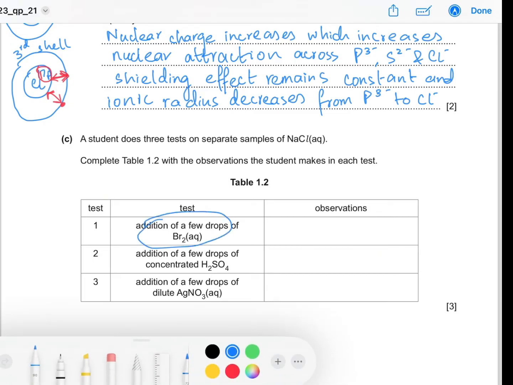You have chlorine, which is a halogen, and this would have been a displacement reaction with another halogen, except bromine is less reactive than chlorine, or bromine is a weaker oxidizing agent than chlorine, which is why it cannot displace chloride ion from sodium chloride. So you will observe no reaction.